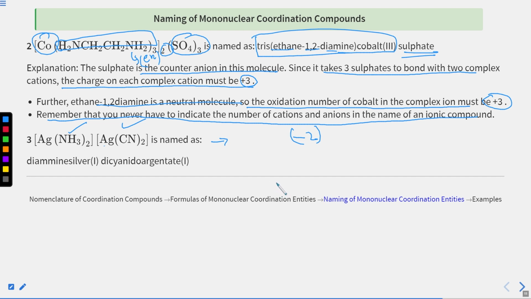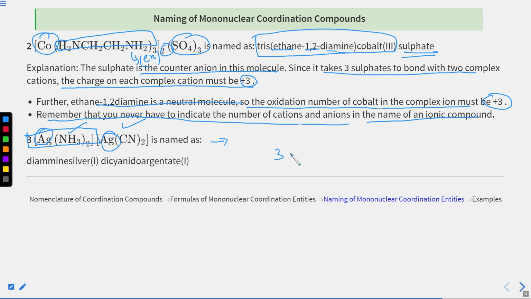Now, next thing, there are three such present. So we are assuming that both of the silver atoms have the same oxidation state. There can be a chance that they contain different oxidation states, but this complex has the same, so you should remember that in this complex both silver atoms have the same charge. How will I calculate the oxidation state? So there are 3 Ag and 3 into 2, 6 NH3.